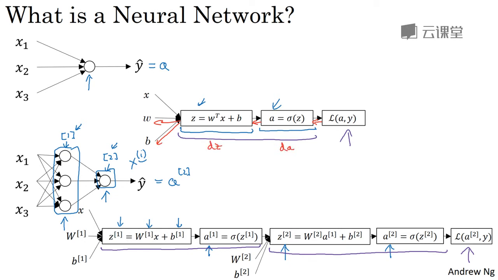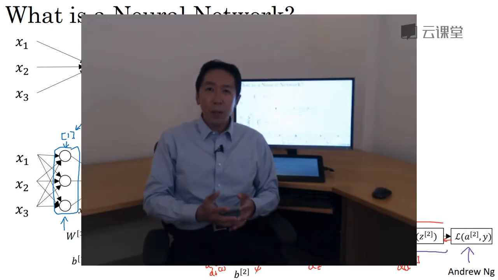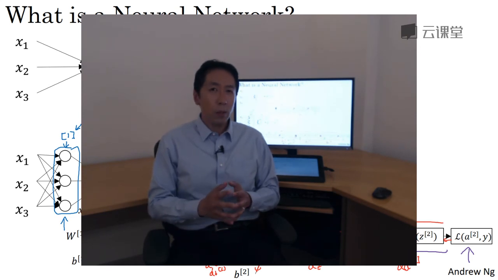So in the same way, in a neural network, we'll end up doing a backward calculation that looks like this, in which you end up computing da2, dz2, that allows you to compute dw2, db2, and so on, in this sort of right to left backward calculation that is denoted with the red arrows. So that gives you a quick overview of what a neural network looks like.